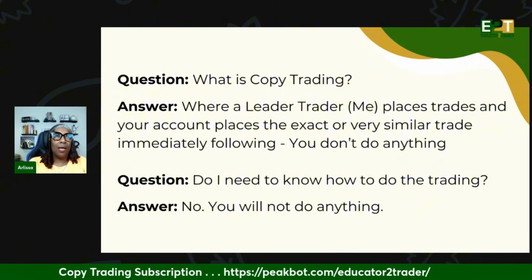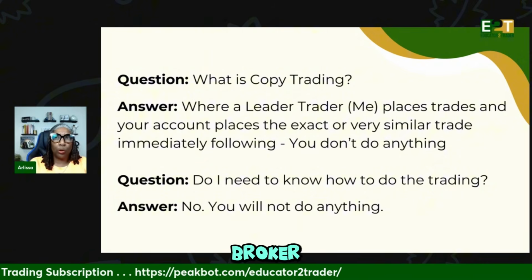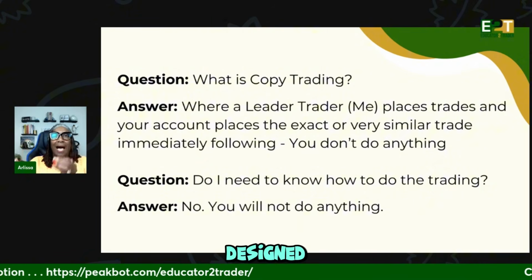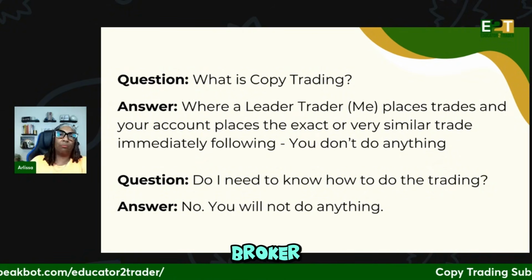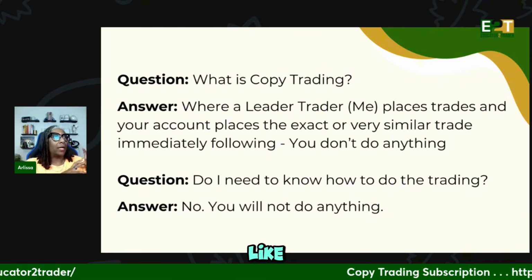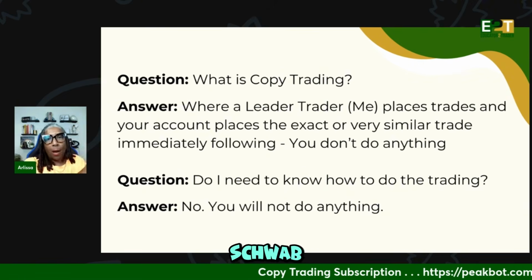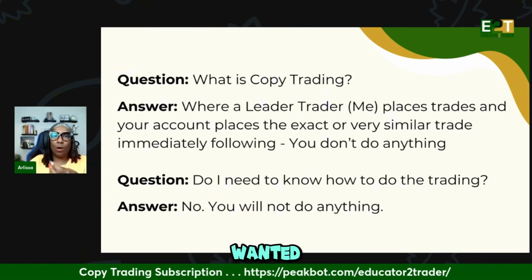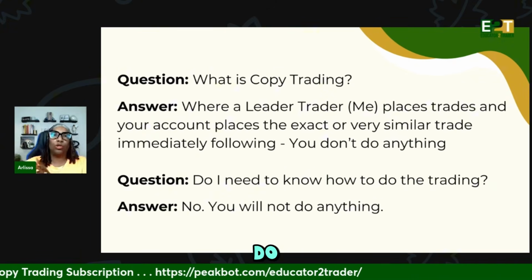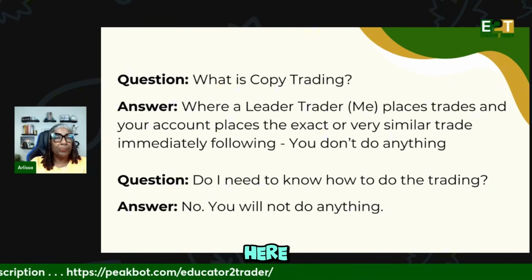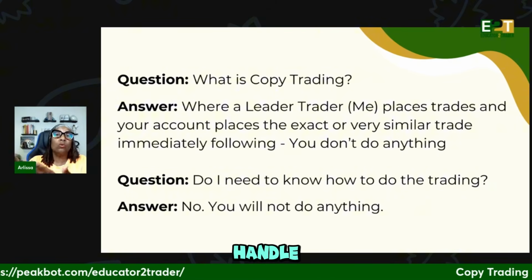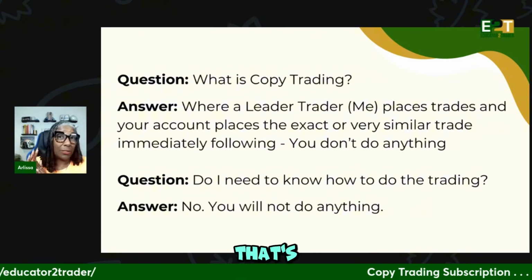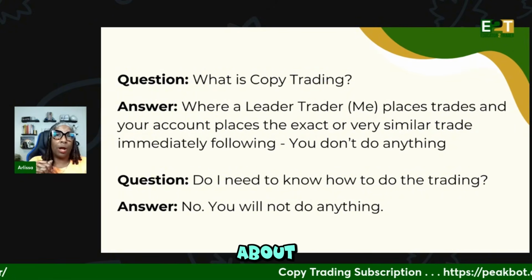I won't say they weren't designed to be a regular broker, but they were designed to be an electronics-based broker. They weren't designed to be like a full service Schwab kind of broker. They were designed to be in the electronic space. They wanted to be able to connect with people to do exactly what we're doing right here. How many can the bot handle? I don't know that answer. That's a very good question. We can ask Tradier about that.